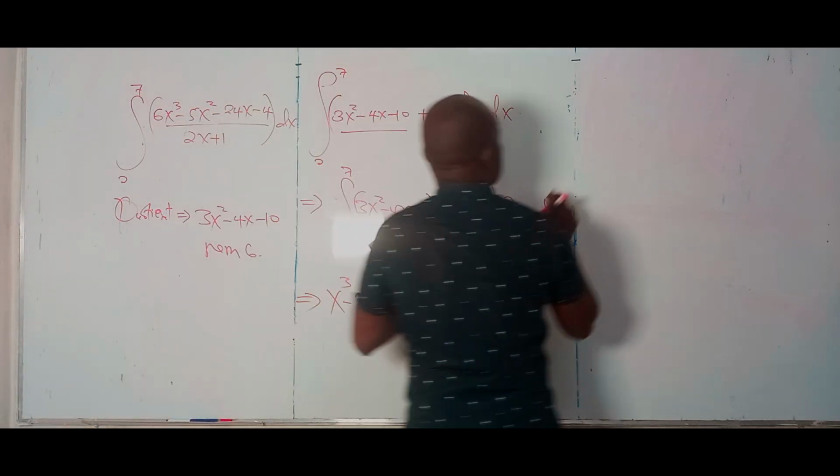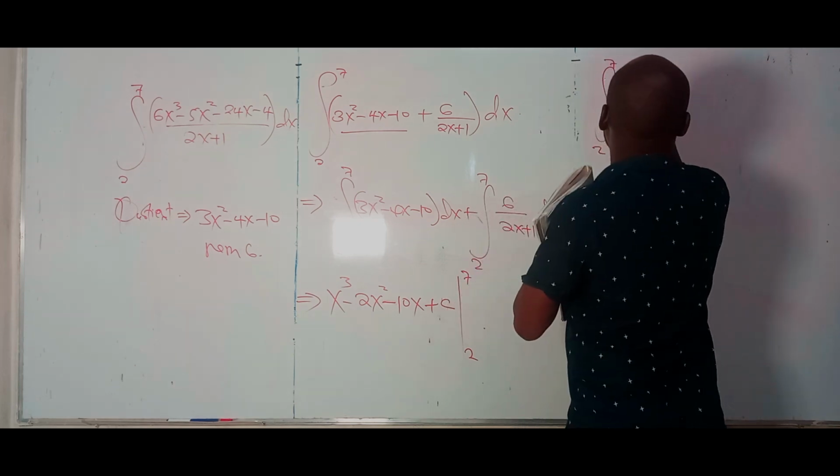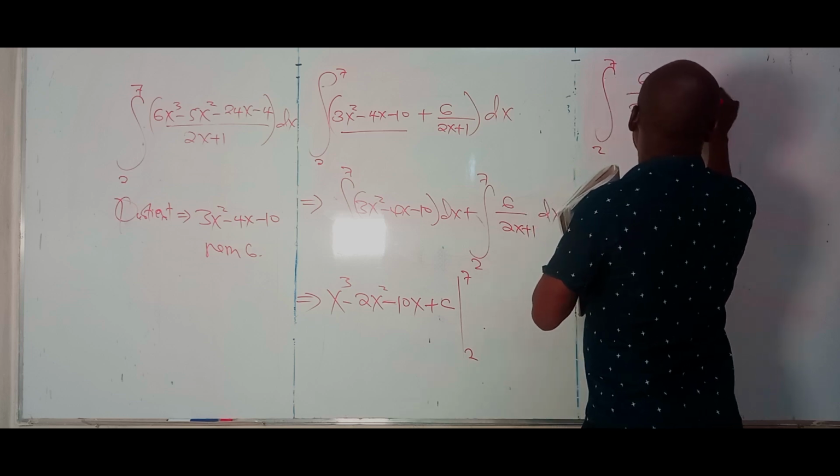Then I get this part, the integral from 2 to 7 of 6 over 2x plus 1 dx.